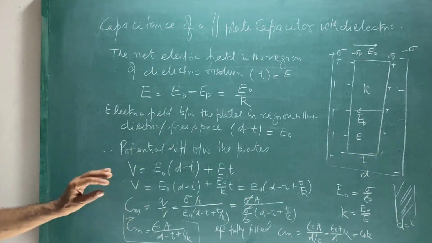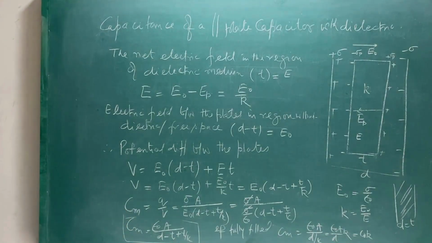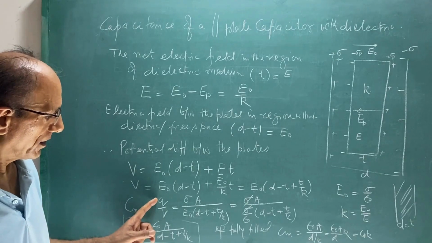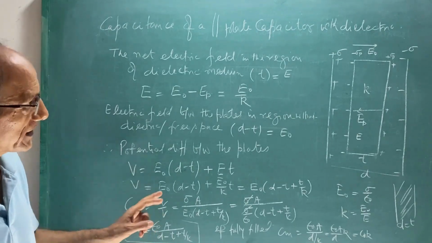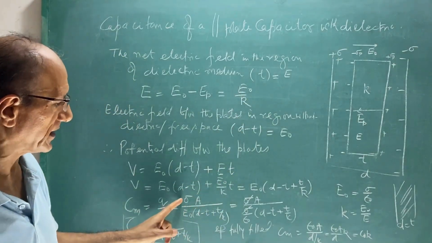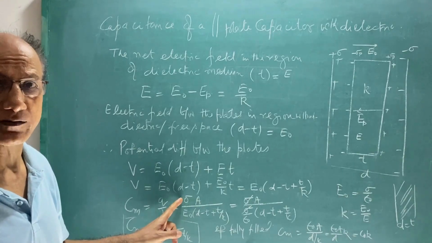Now, capacitance in the medium, let us say it's Cm, that is Q by V. And Q is sigma into area. This is the charge, and sigma is the charge density, charge per unit area.